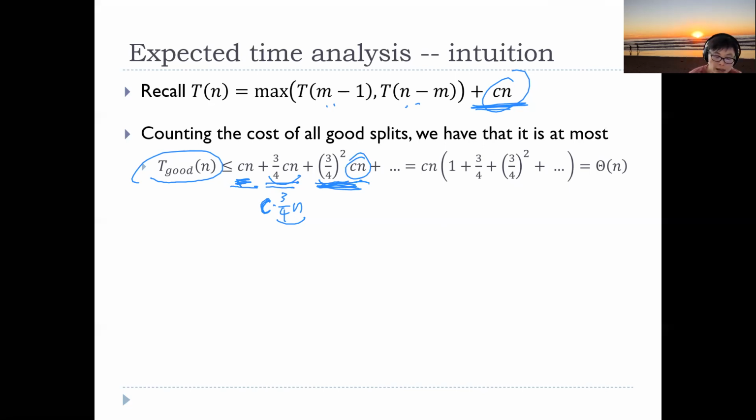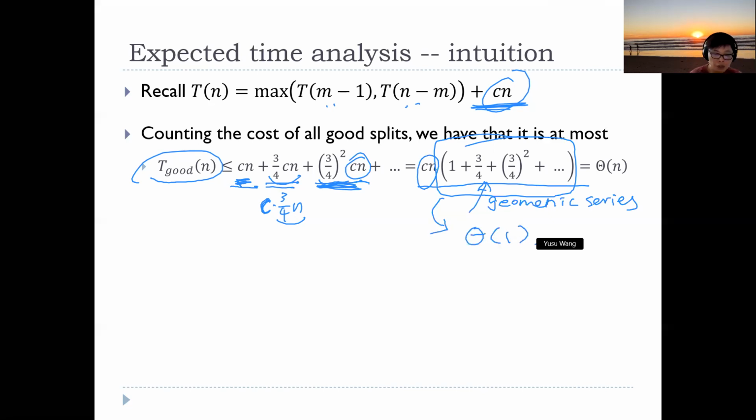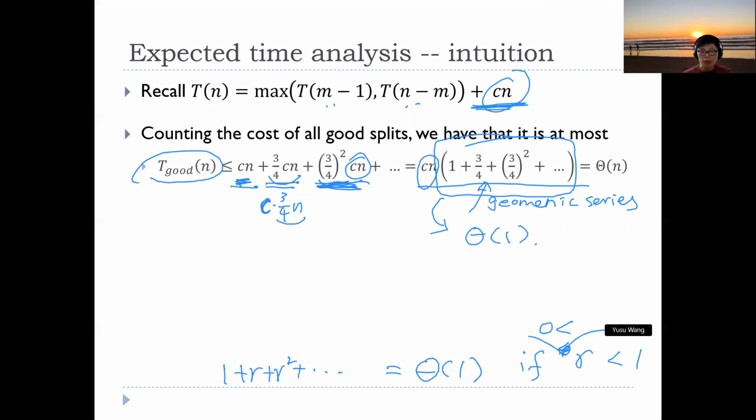The total time: when I take Cn out, inside is a geometric series, which means this whole thing is constant. Remember, the geometric series 1 plus r plus r squared and so on is constant if r is smaller than 1 and bigger than 0. That's why the total time is only order of n for the good splits.